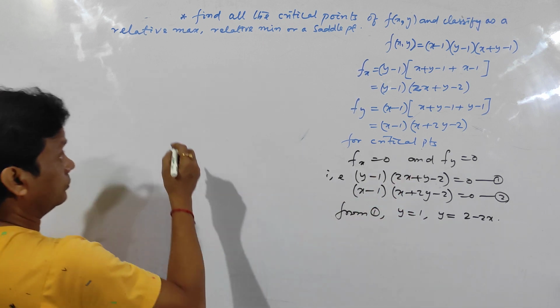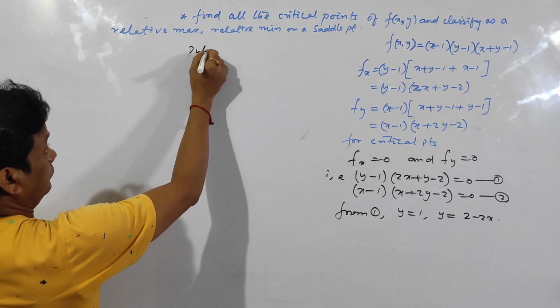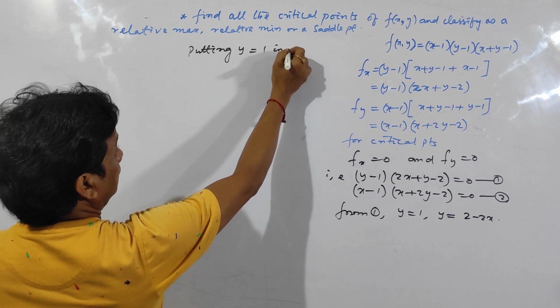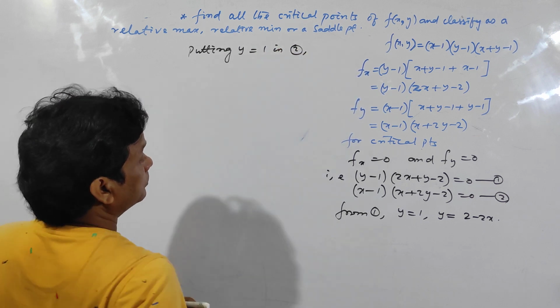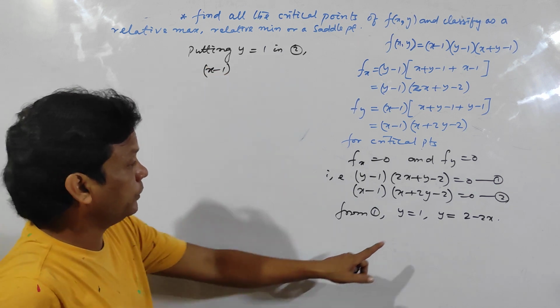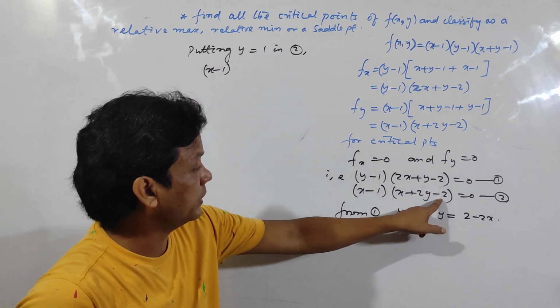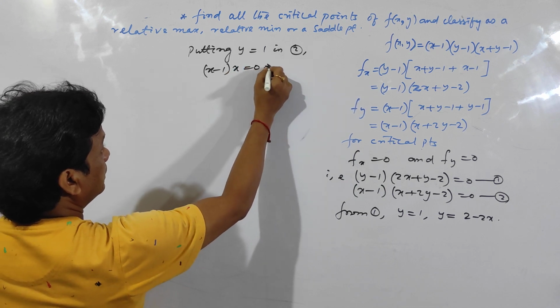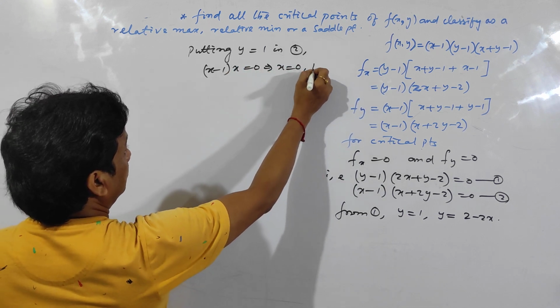Clear? So putting y is equal to 1 in equation 2, it will be x minus 1, and put y is equal to 1. 2 minus 2 cancel out, remain x equal to 0. That means x is equal to 0 and 1.